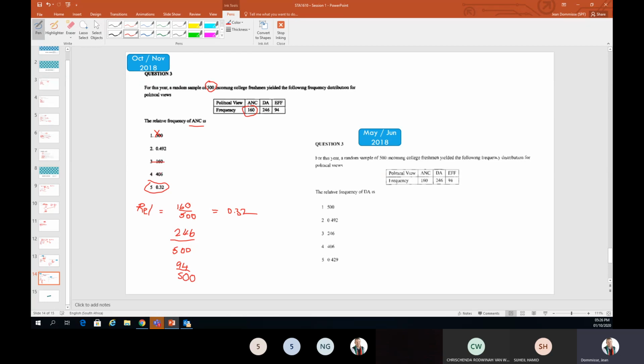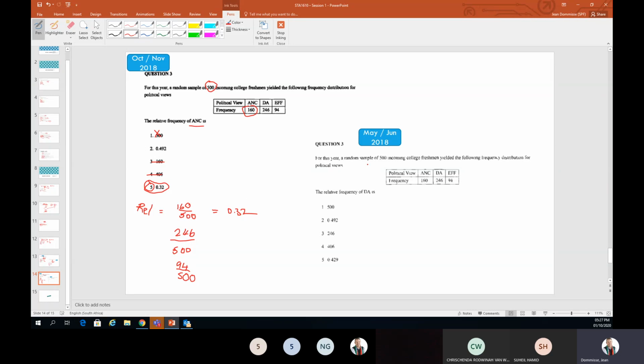But 406 nearly looks like the number if you added 160 plus the 246, but also not right. If I ask you what's the relative frequency of the ANC and the DA, you would have added the 2 to get the 406 and then divided by 500. So for this one, the answer was 160 divided by 500.